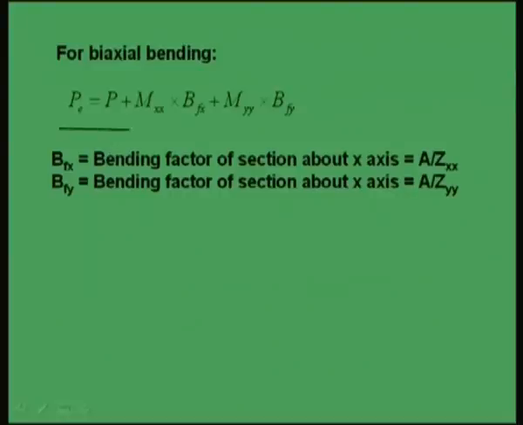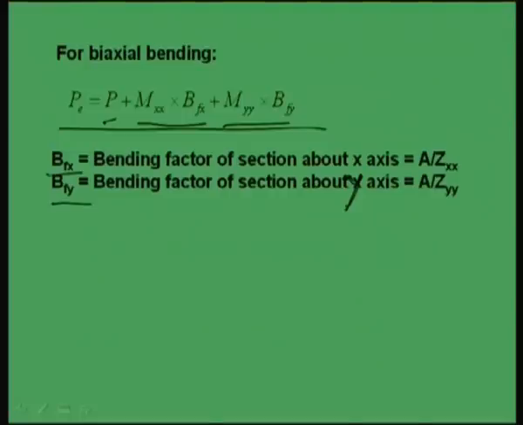In a similar way we can write PE is equal to P plus Mxx into BFx plus Myy into BFy, where BFx is the bending factor of the section about the x axis, which will be A by Zxx, and BFy is the bending factor of the section about the y axis, which will be A by Zyy, right? Bending factor about the y axis.